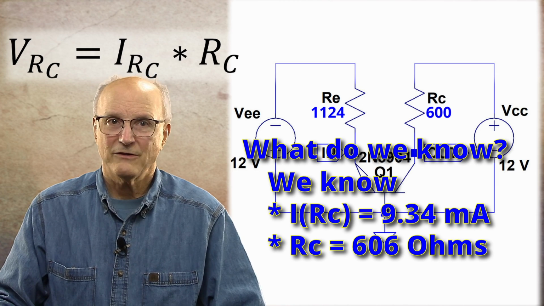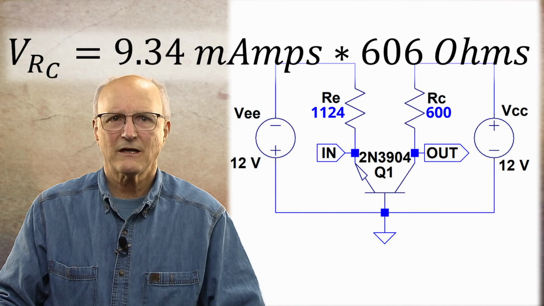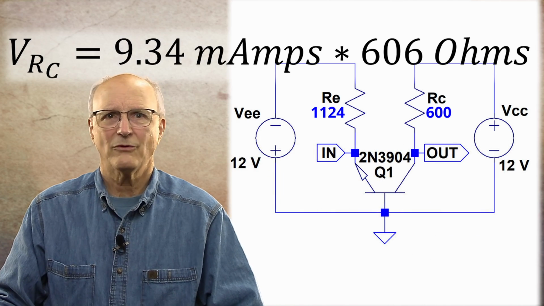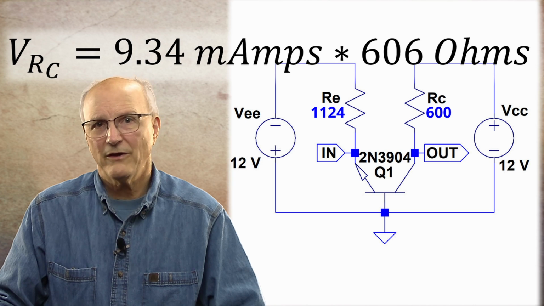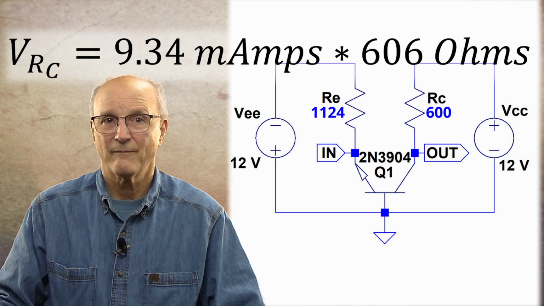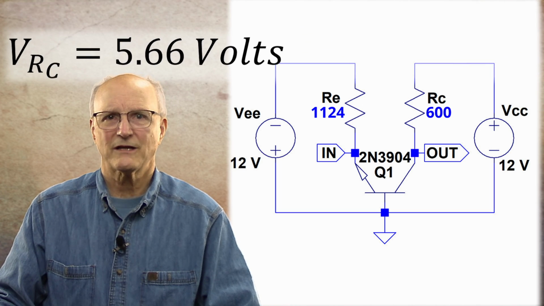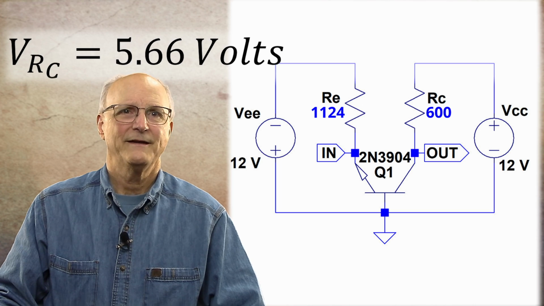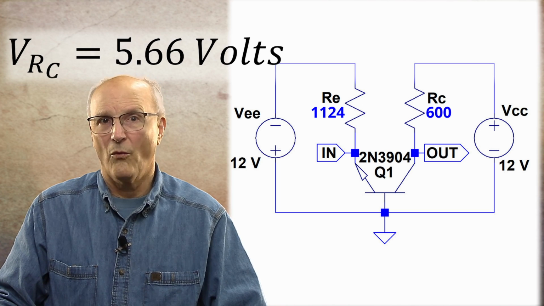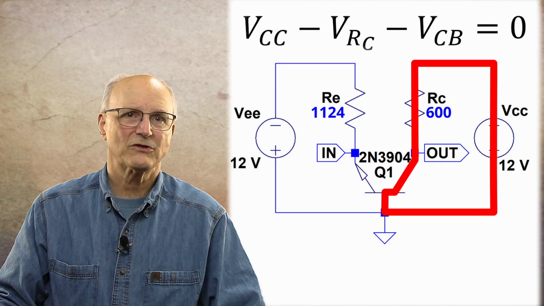Putting these values into our Ohm's law equation, we get the voltage across the collector resistor is equal to 9.34 milliamps times 606 ohms, which gives us a voltage of 5.66 volts.